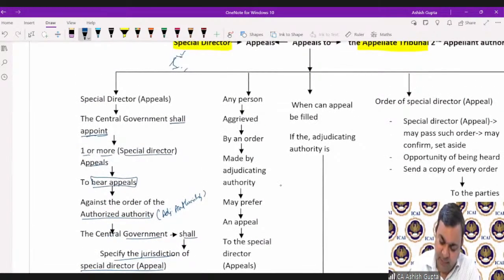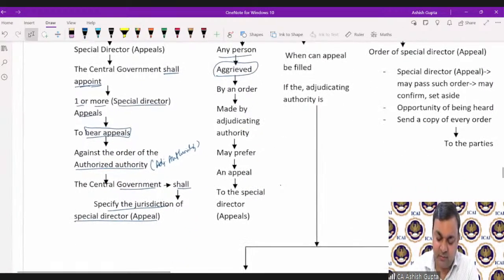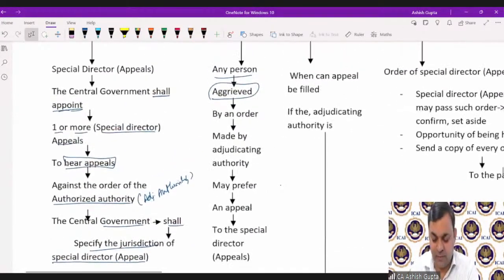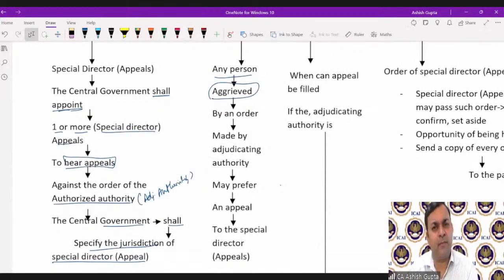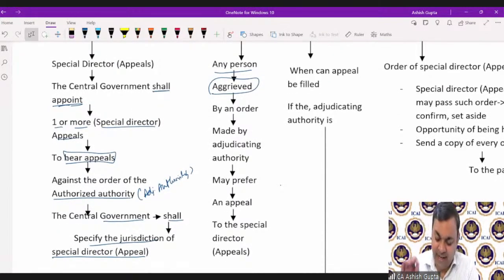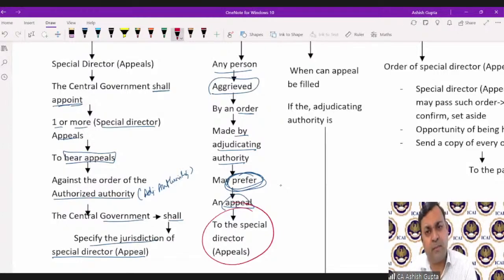Now, any person aggrieved, aggrieved means not satisfied by an order made by the adjudicating authority, that person can prefer an appeal to the Special Director Appeals.